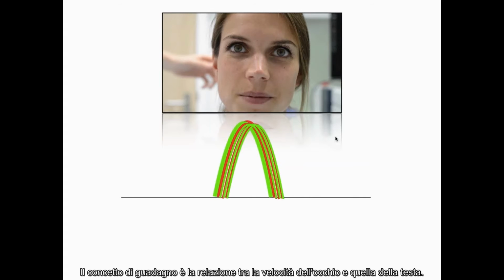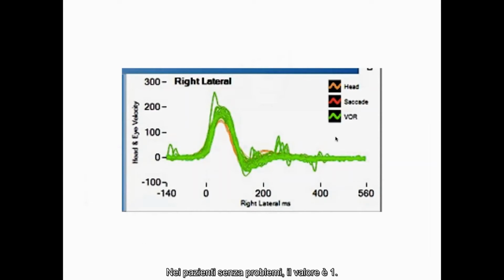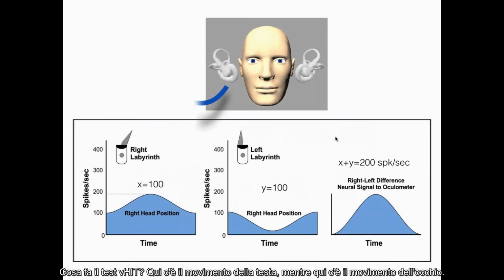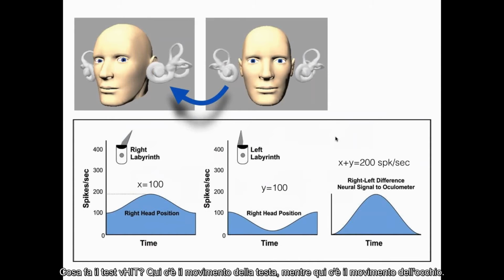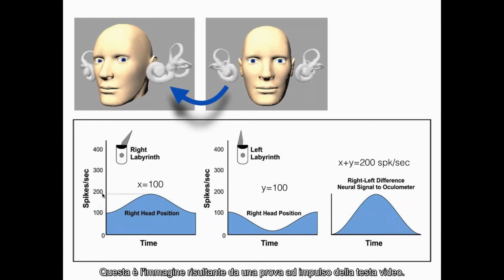So the concept of the gain is the relation between eye and head velocity, and in normal subjects, it's supposed to be 1. So what the vHIT does is you have the head movement and you have the eye movements. To make the display easy, the software inverts the eye movement, puts them together, and you do that a lot of times. And that's the image you have in the video head impulse test.